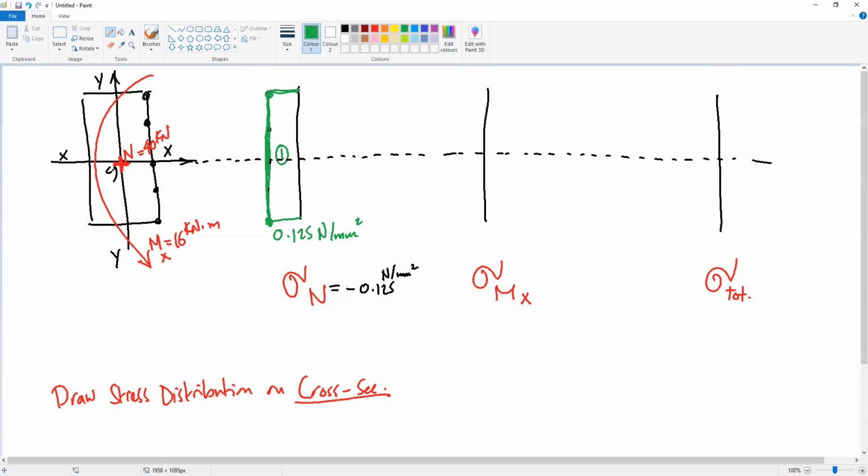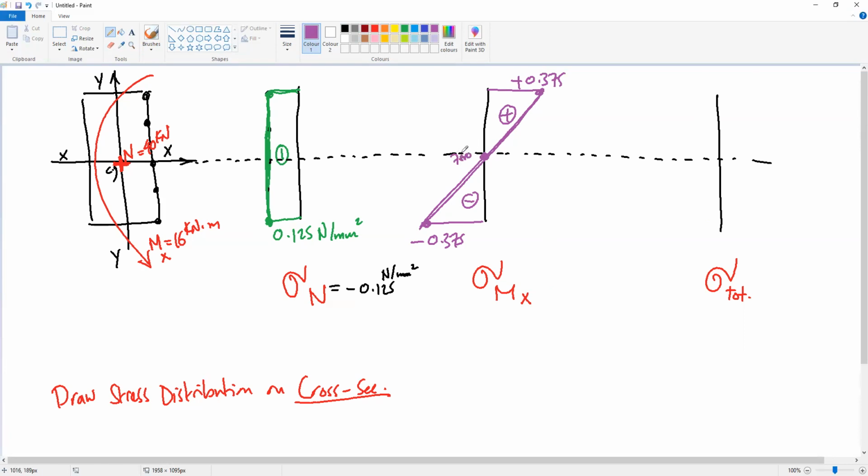For moment, as you saw before in the last calculation, we calculated the value here as 0.375 positive. Here it was 0.375 negative. So if we connect them together, this is positive and this is negative. So the value at the middle of the cross section should be 0.